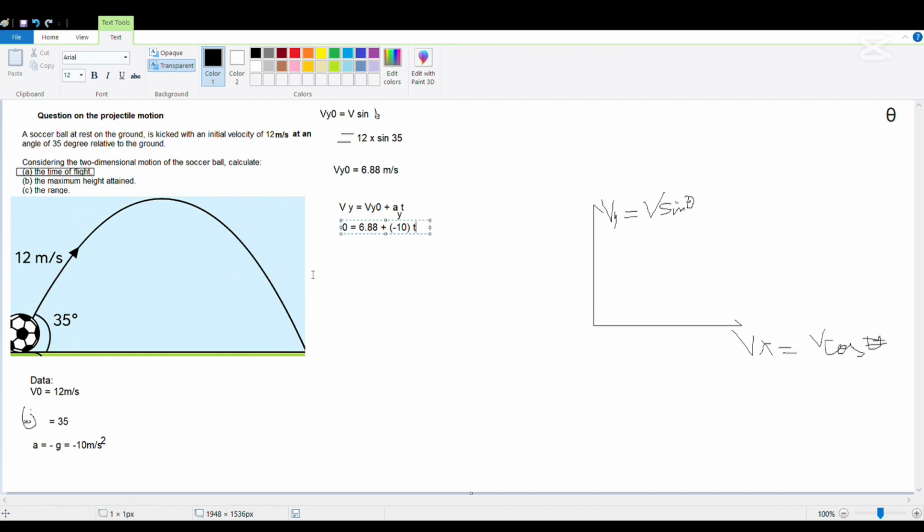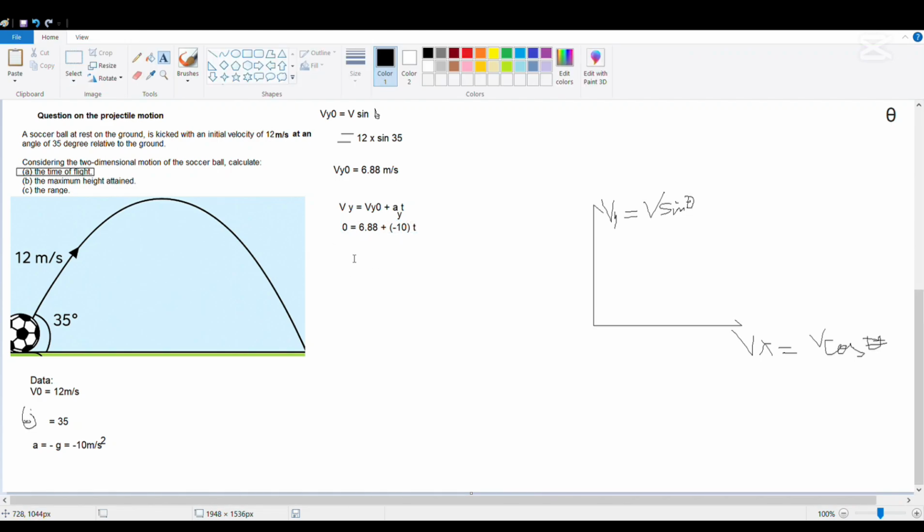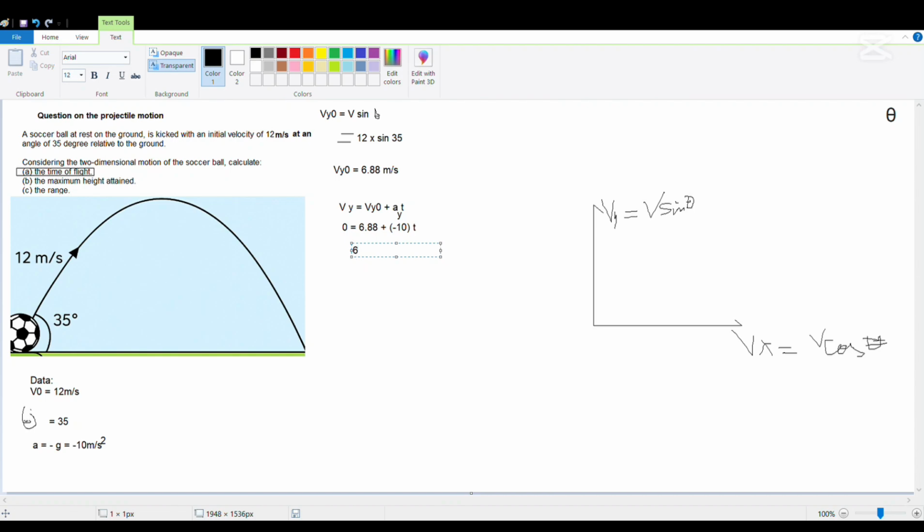So what I can do, easy maths, 6.88 is equal to 10t, and t is equal to 0.688. That should be the answer in this one.